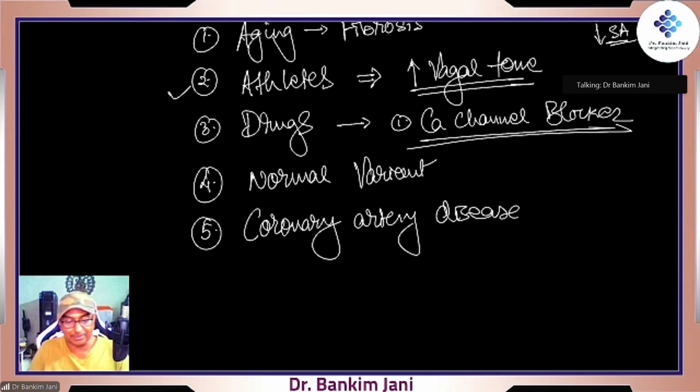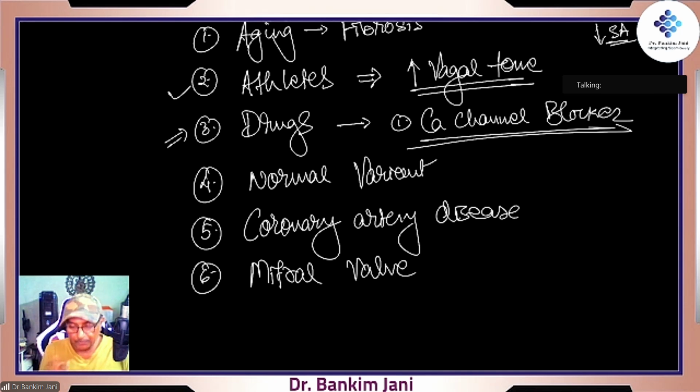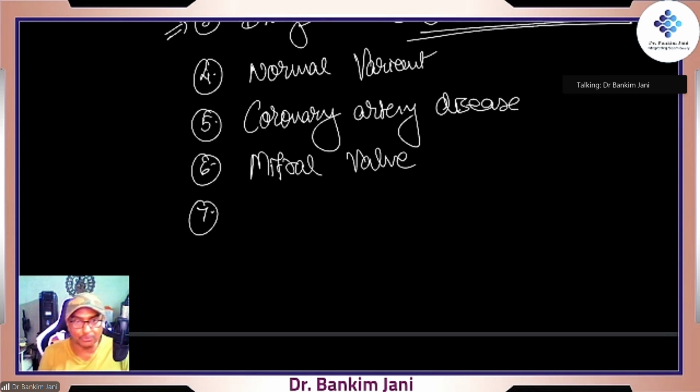Let's say in case of athletes, in some cases you need to take the history whether the patient is on a beta blocker or the calcium channel blocker. You need to figure out whether there is any pain associated with coronary artery disease or not, or if there is involvement of the mitral valve. All these things, or importantly, you need to go for the lab test in the form of electrolytes. So electrolyte imbalance.